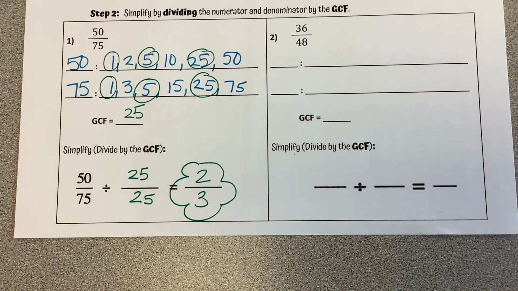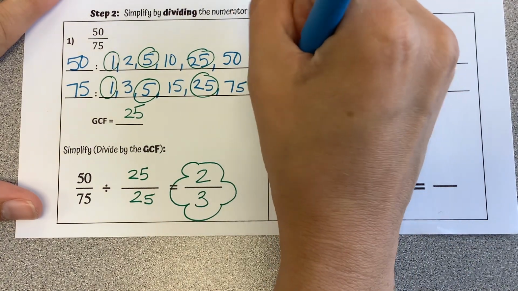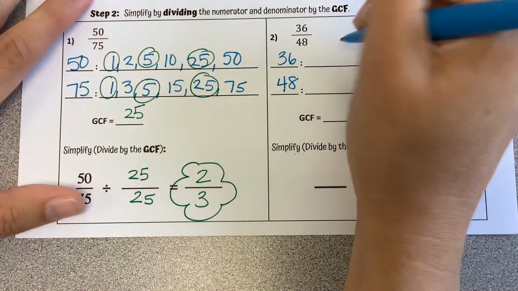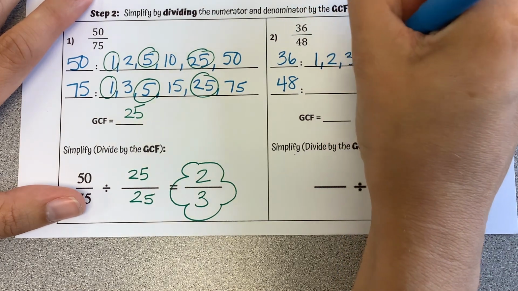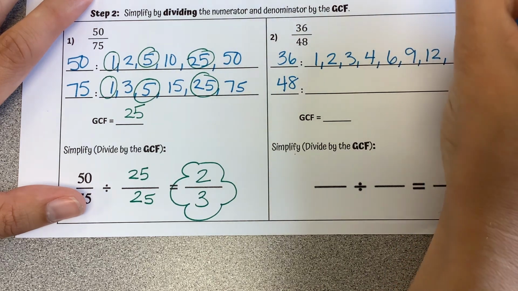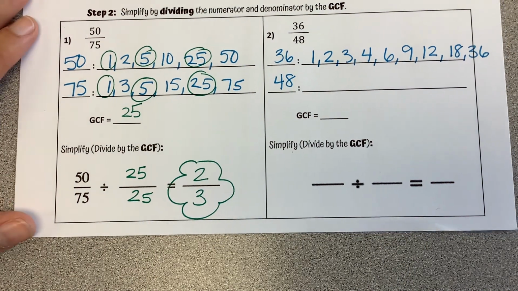Let's do it again for number 2. We've got 36 and 48. So I'm going to find 36 on my factor chart and write down all of those factors. So we've got 1, 2, 3, 4, 6, 9, 12, 18, and 36.